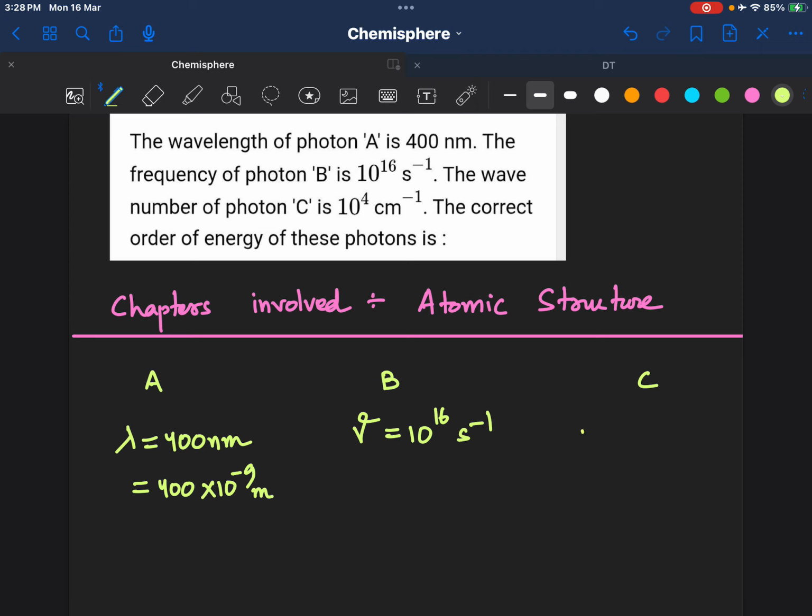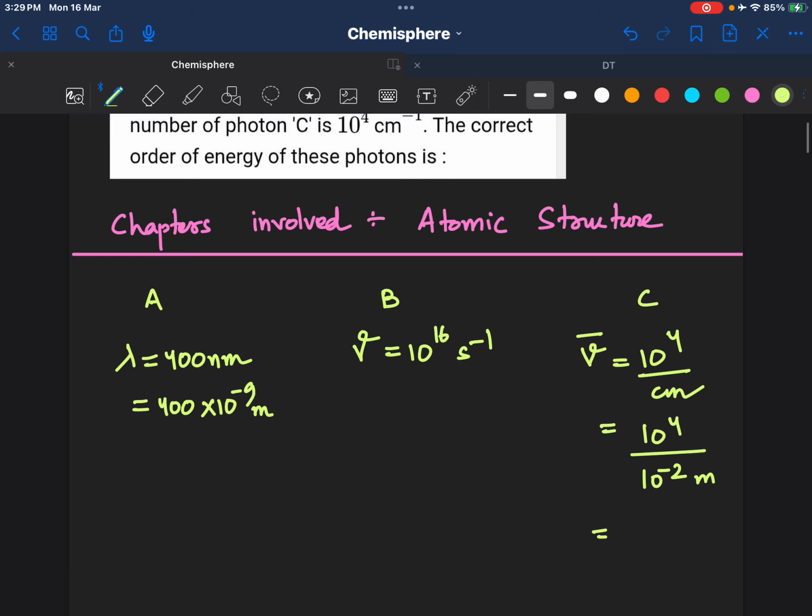For C, the wave number is 10 to the power 4 centimeter inverse, or per centimeter. We know 1 centimeter is 10 power minus 2 meter, so we can write it as 10 power 6 meter inverse.